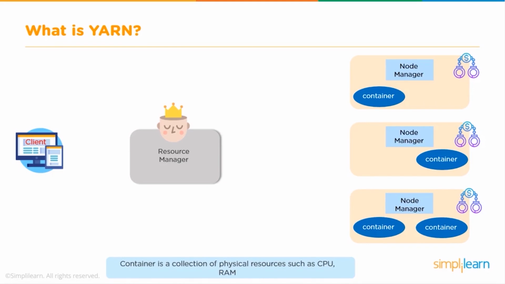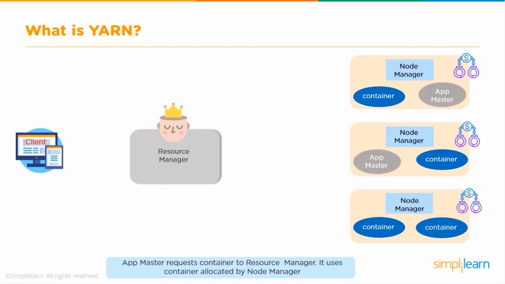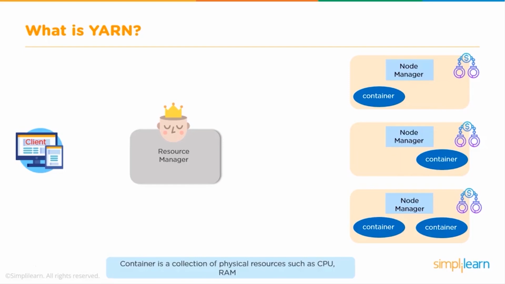Node managers are not only sending heartbeats, but they are also communicating their resources to the resource manager. Resource manager is the one which is listening to the client and is also tracking the resources which node managers have. Whenever a particular client wants to do some processing, your resource manager will make a request to node managers for resources. For example, if your application needs 6 GB of RAM and 4 CPU cores, your resource manager could be requesting these resources from node managers.